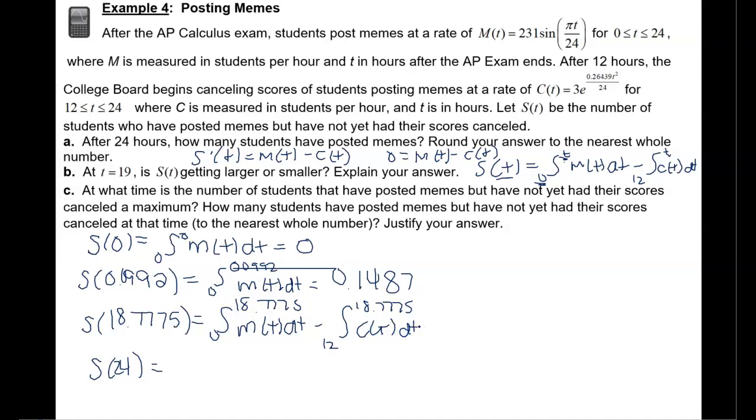So on my calculator, c of t is y bars, function y2. So it's 12 to 18.7775. And I get a really big number.